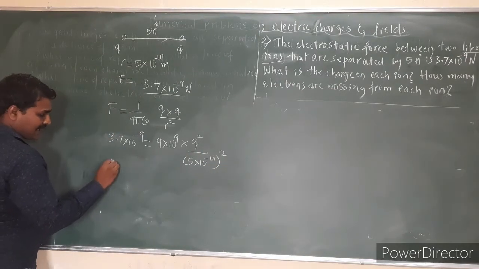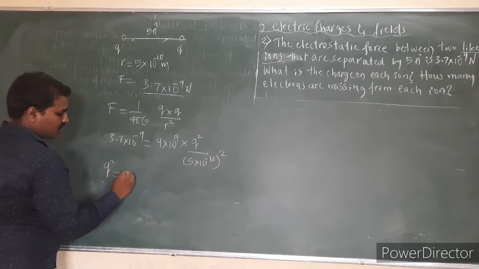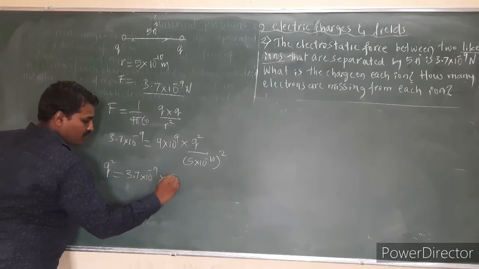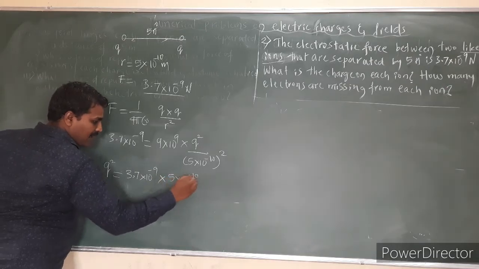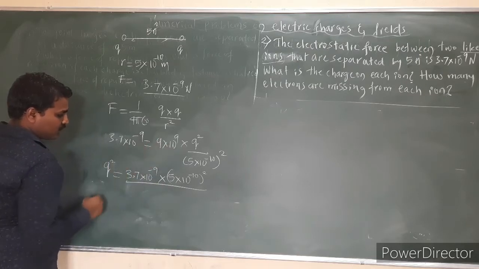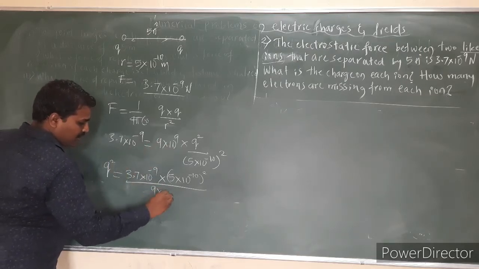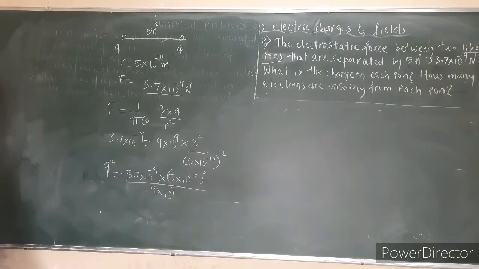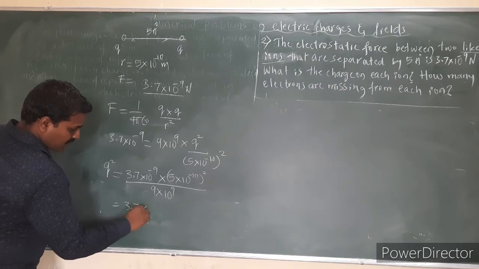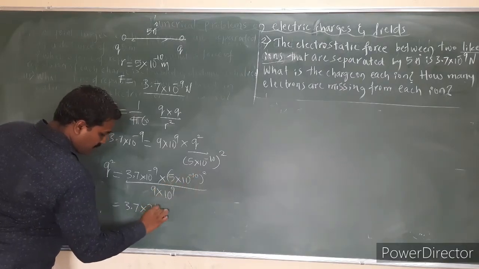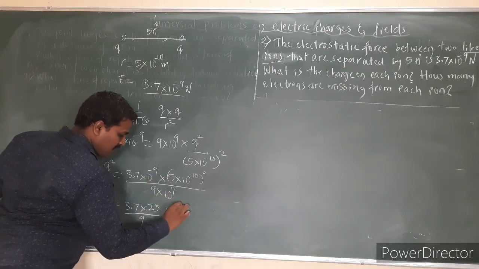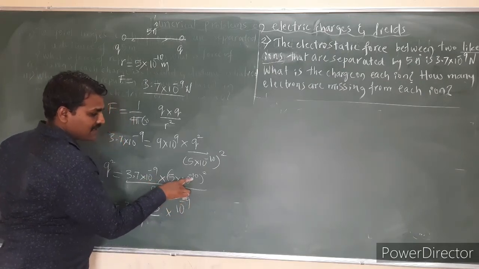To simplify, I can write q squared is equal to 3.7 × 10^-9 into (5 × 10^-10) whole squared, whole divided by 9 × 10^9, since that goes to the denominator. Simplify this: 3.7, 5 squared is 25, divided by 9, and the powers of 10 separately: 10^-9, and 10^-10 squared.